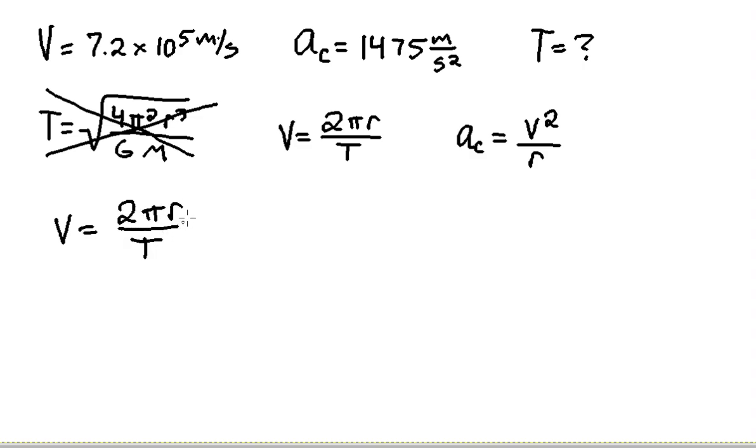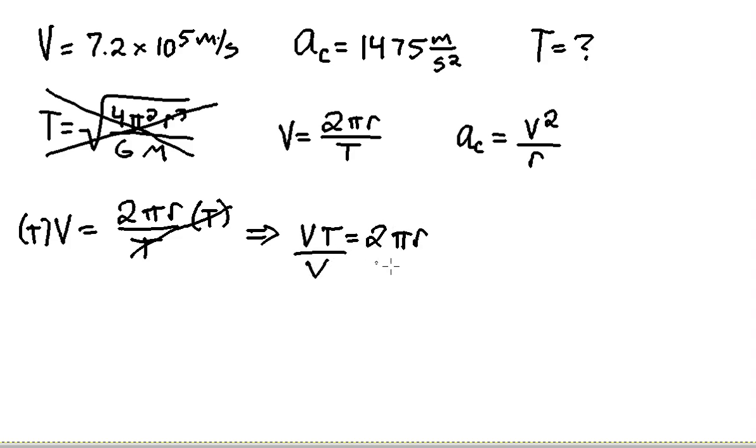First you want to get it out of there. v times t equals 2 pi r, and then we'll divide by v on both sides. T equals 2 pi r divided by v.